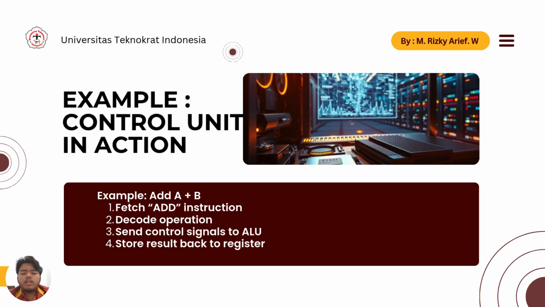Then it decodes it and sends control signals to the ALU to perform the addition. And finally, it stores the result back into a register. This shows how the control unit coordinates the whole process step by step.